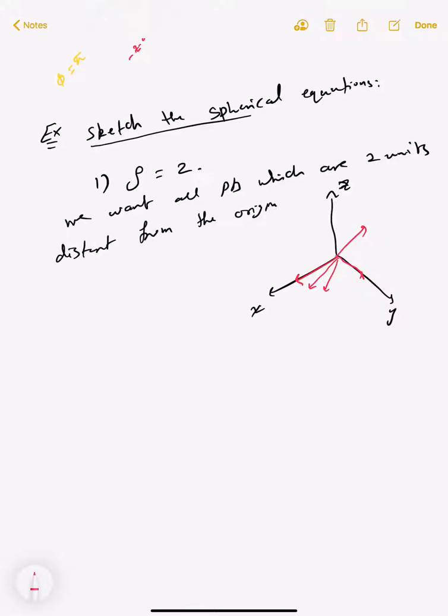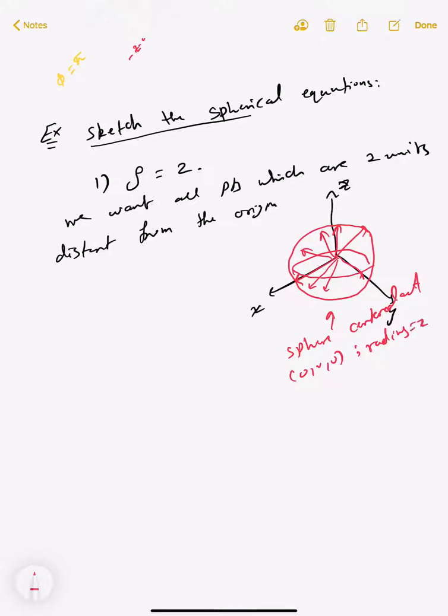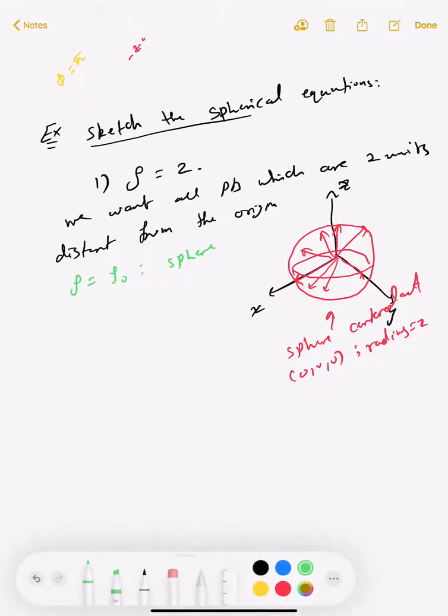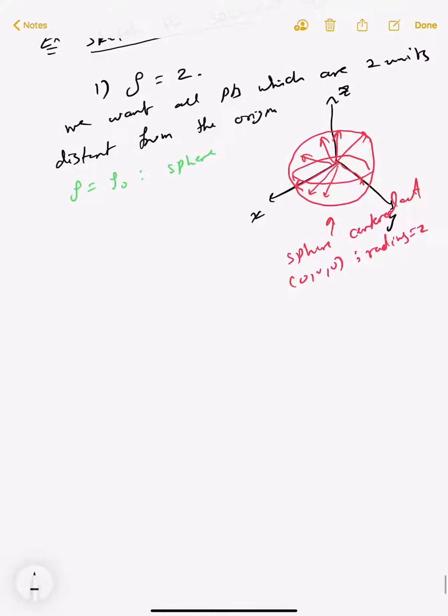But because you are in R3, you can go everywhere in space. And if you agree, this is exactly a sphere, centered at the origin with radius equal to 2. So in general, if you take rho equals a fixed value rho naught, this is a sphere. This is the graph of the spherical equation rho equals any number.